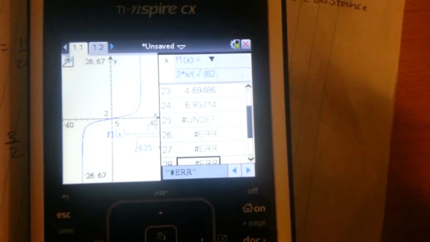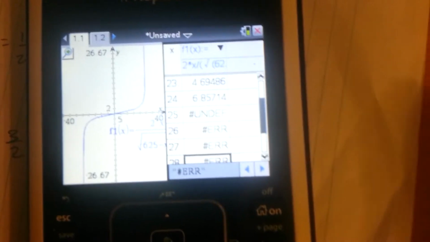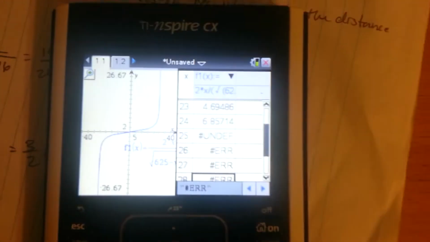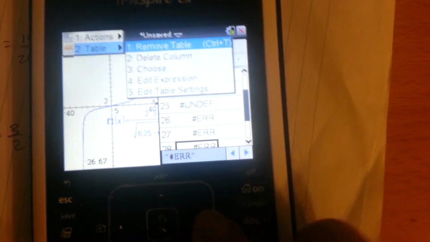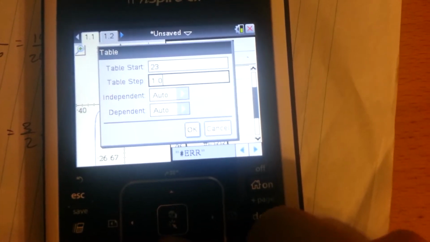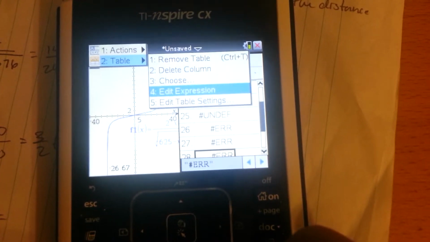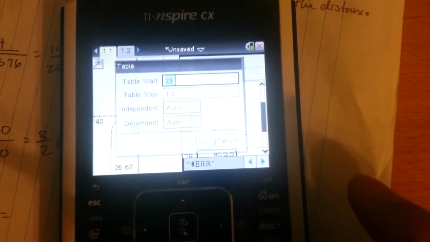So for an easy way to find out, like 24.9, 24.999, 24.9999, etc., just go to Menu, Table Settings.